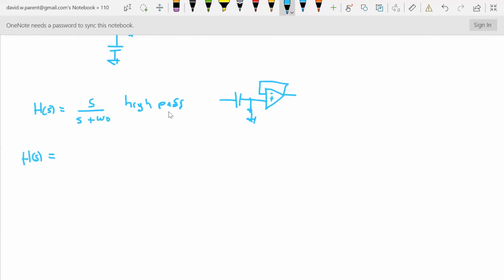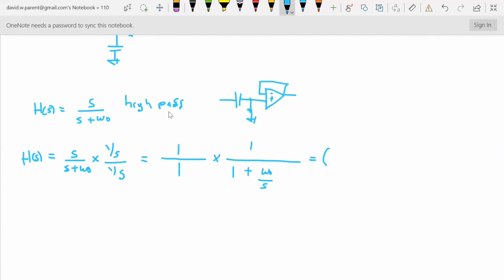Well, let's continue with our example. So it's a first order circuit. So we just multiply through by 1 over S and 1 over S. And now we get S times 1 over S is 1 over nothing, or 1 over 1. And this turns out to be the same. 1 plus omega naught over S, right?